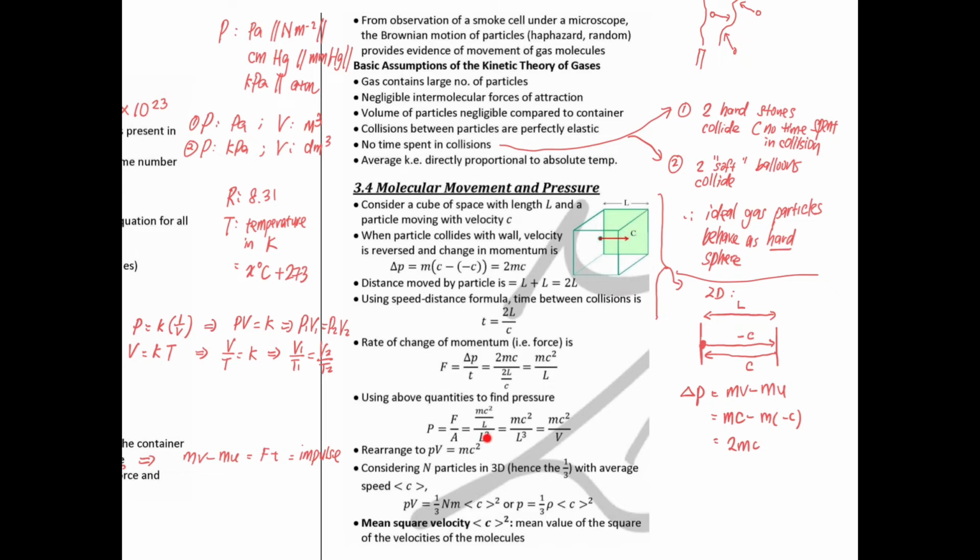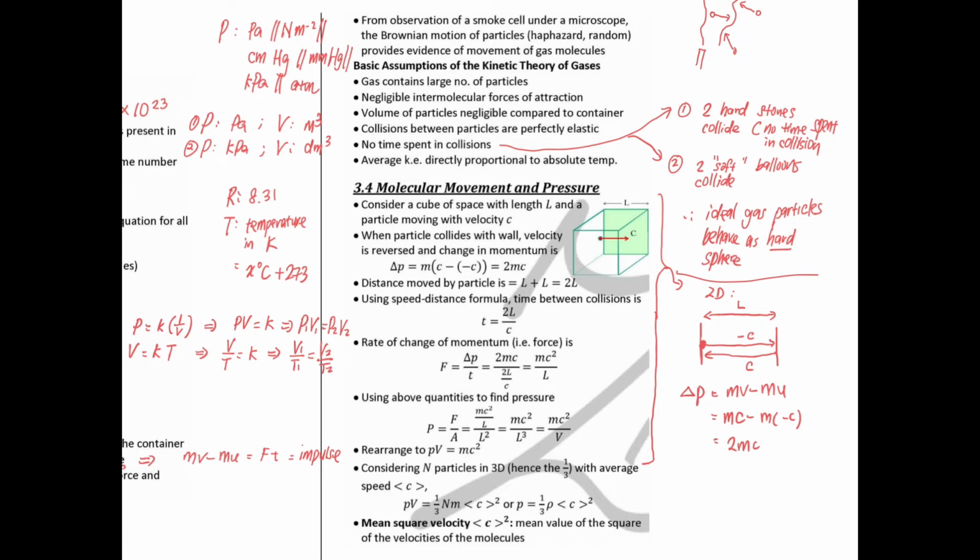So simplify this, mc squared over L cubed. L cubed is volume. So we get mc squared over volume. We bring the volume to the left, then we get PV equal to mc squared. Okay, so we have done the first part in 2D. So all these are 2D until this point.